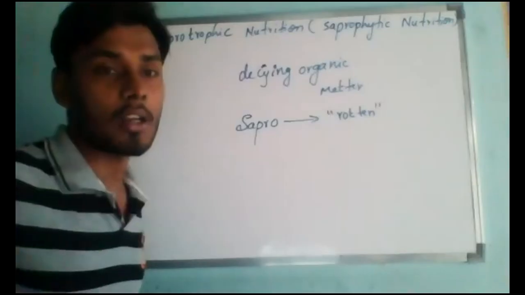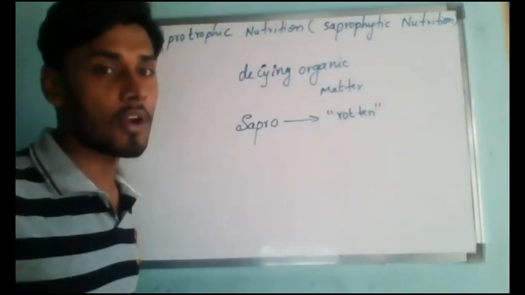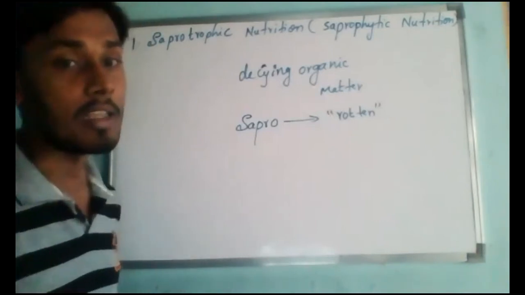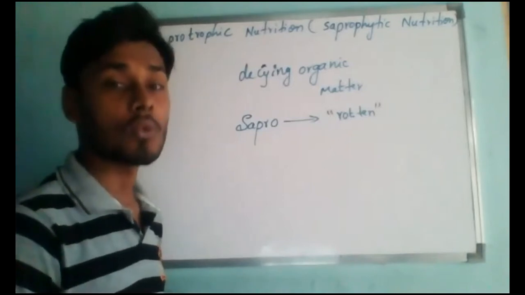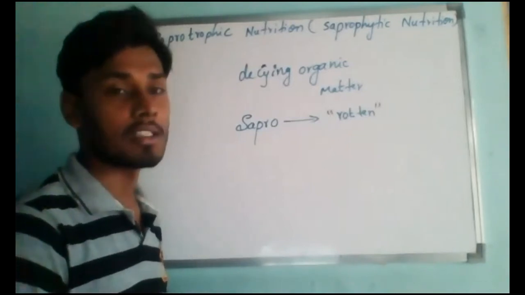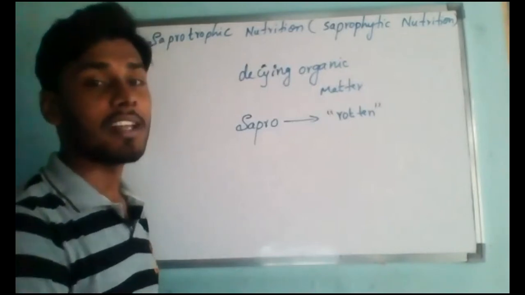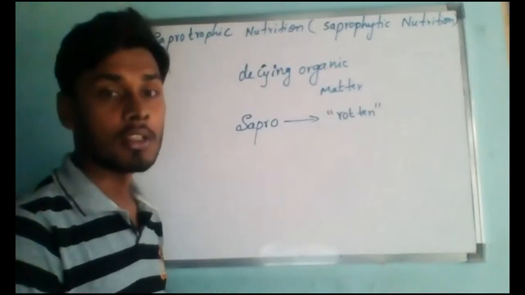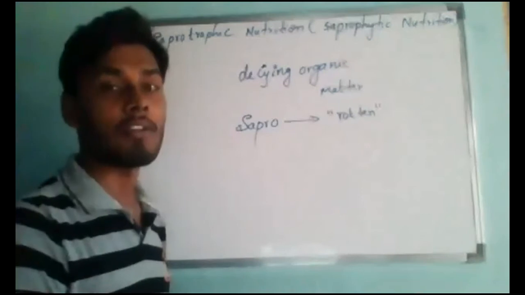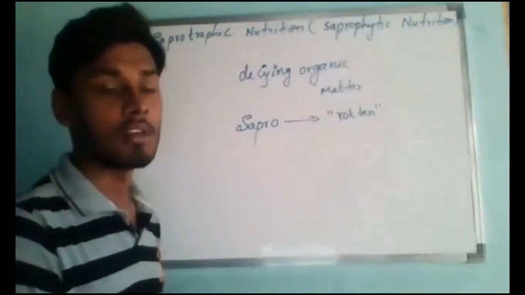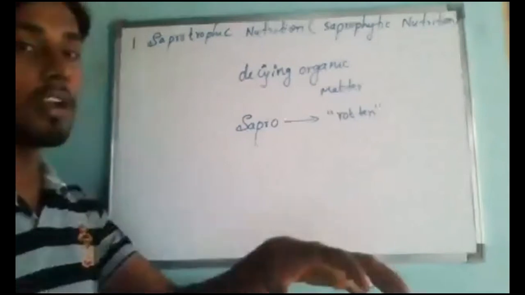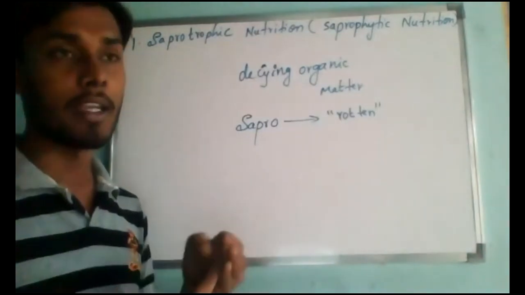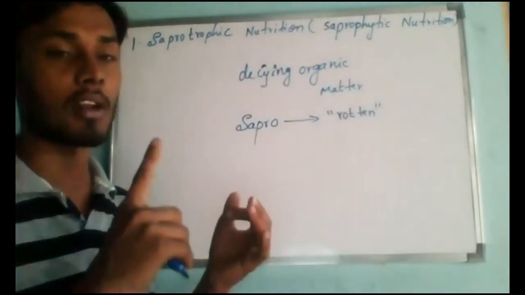So a saprotropic organism draws its food from rotting wood of dead and decaying trees and rotten leaves, dead animals, and household waste like rotten bread, etc. These organisms have a saprotropic mode of nutrition.